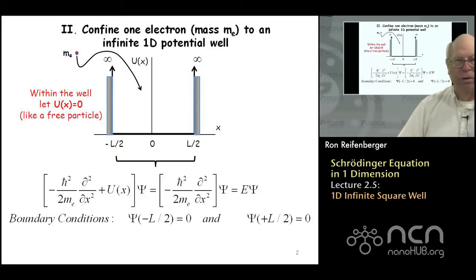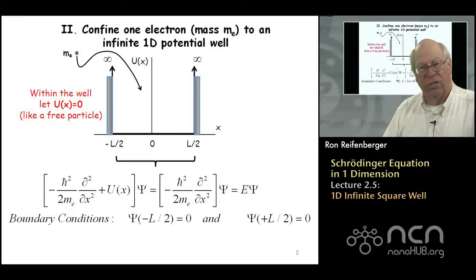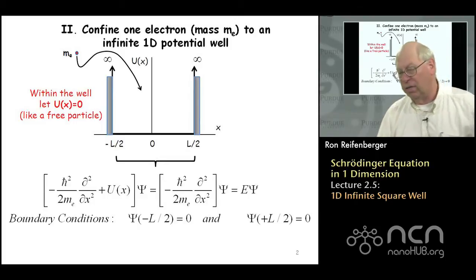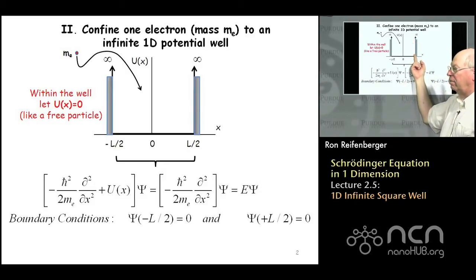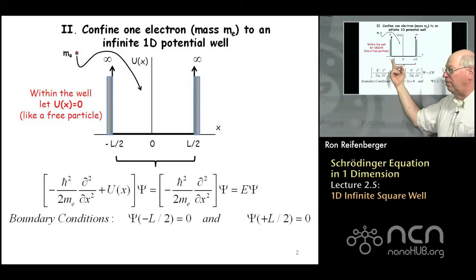There are 2 important boundary conditions on the wave function that you must appreciate before we actually write down solutions to this differential equation. Because the barrier is infinitely high, that means that the wave function cannot exist for any value of x greater than L/2 or for any value of x less than minus L/2.